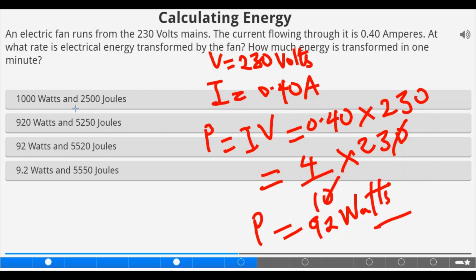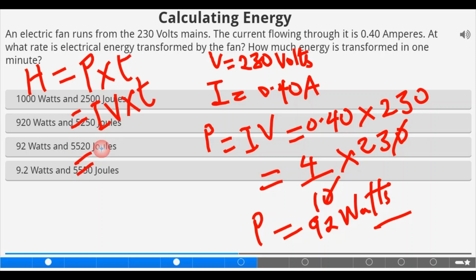Then for the energy, H now is equal to power times time, and that is IVT. I already have 92 watts multiplied by 1 minute. 1 minute is equivalent to 60 seconds.